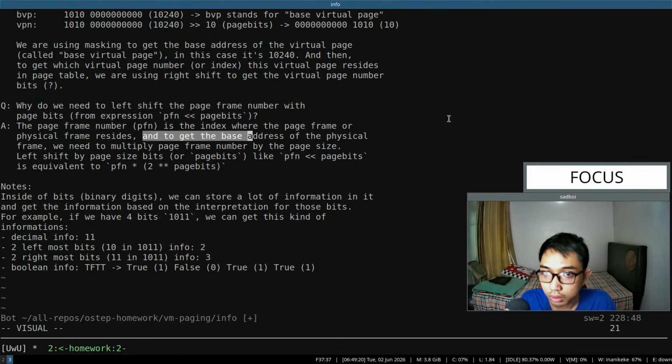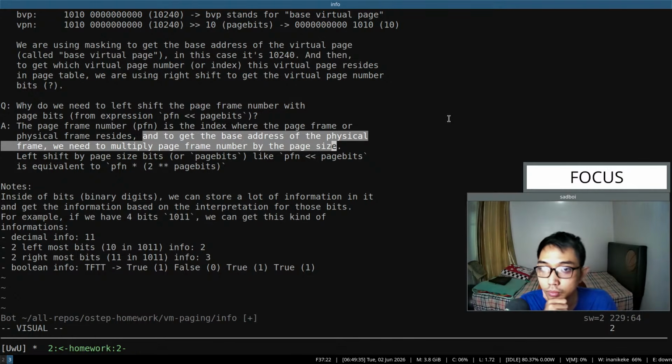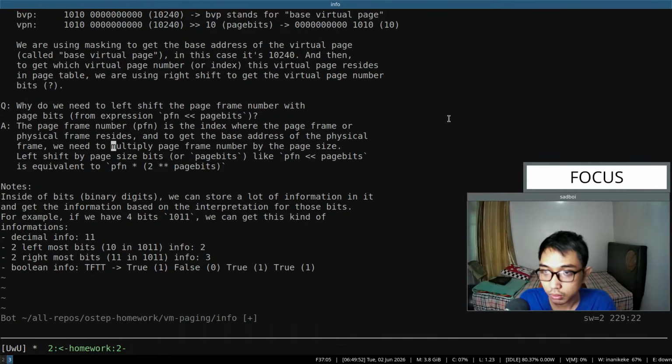And to get the base address of the physical frame, we need to multiply. Okay. Now why do we need to multiply that?